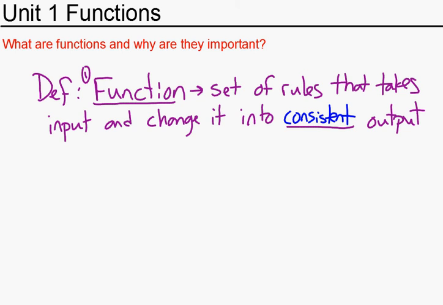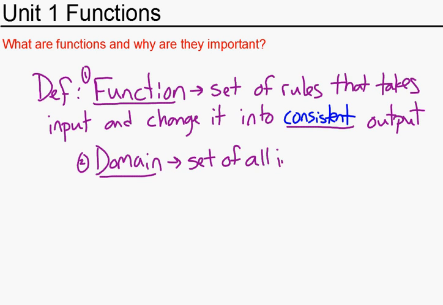Now when we go talking about functions, there are 2 more definitions I need. I need the domain. When I talk about a function, I can talk about the function's domain. And the domain is the set of all input values. That's everything I can put into the function. Usually it's going to be my x's, but not always. It just depends on how the function's set up.